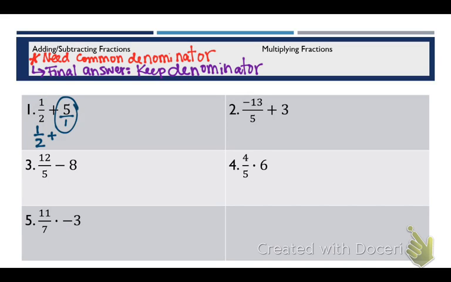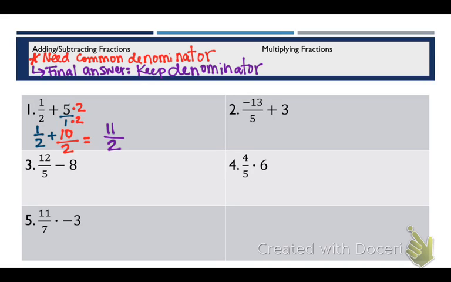The second one, what would I need to multiply by the top and the bottom? 2. So 5 times 2 is 10, and then 1 times 2 is 2. So you add the top and you keep the bottom. So 1 plus 10 is 11, and then the bottom will be 2. So 11 over 2.